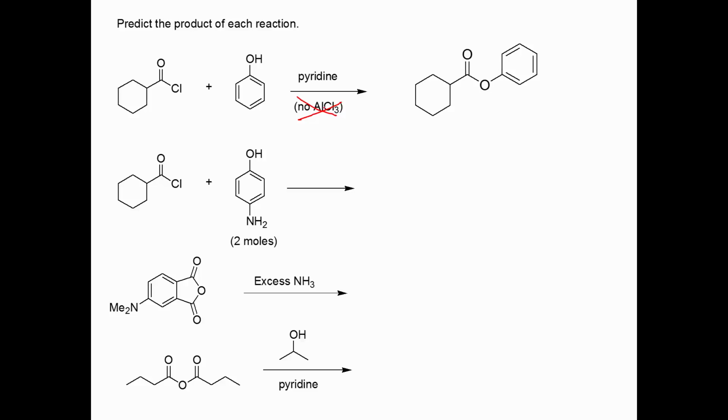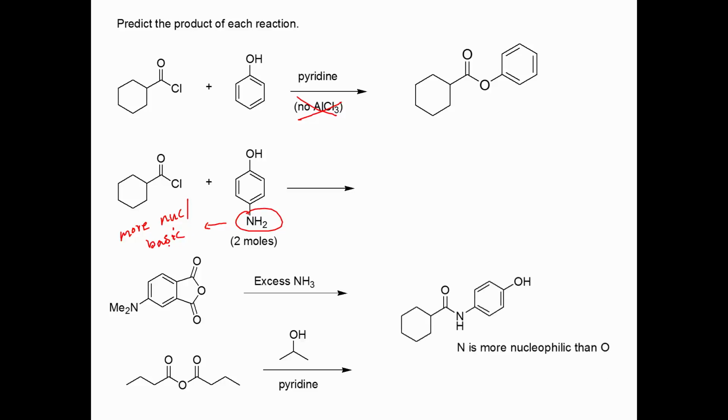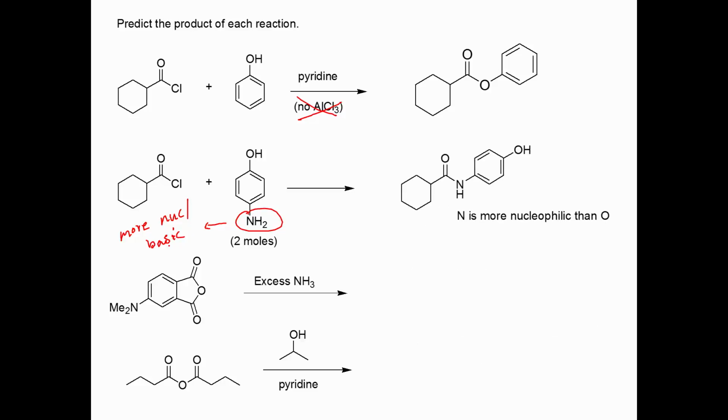All right, in the next one, we're going to treat it with a compound that has an OH and an NH2 group. An important thing to remember here is that this is more nucleophilic. It's more nucleophilic or more basic, so the product is going to be this product right here.